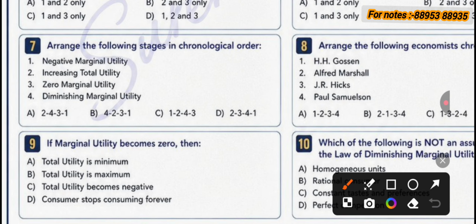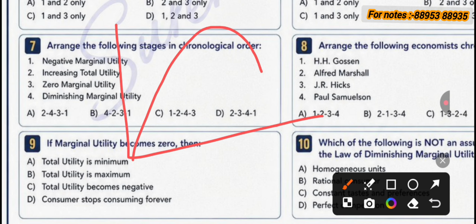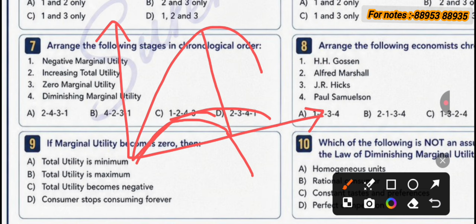Let's show it in the diagram. This is the diagram, where you can see that first is increasing total utility.